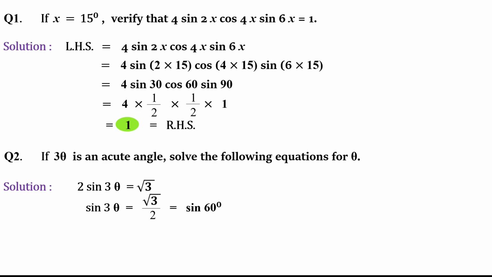That means in the question they are giving sine with an unknown angle, that unknown angle is 3 theta, and the right hand side I am having sine with a known angle which is 60. Both are equal to root 3 by 2. That means this unknown angle 3 theta is equal to the known angle 60. From here we get the value of theta as 20 degree. So here we come to the end of this question. They said find the value of theta, and theta is 20 degree.